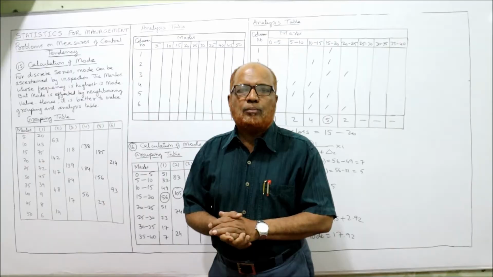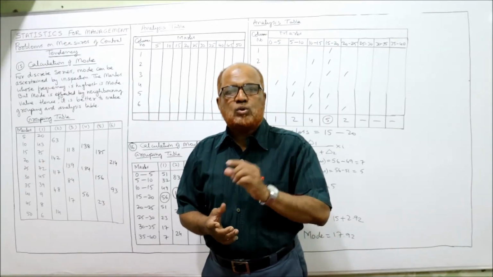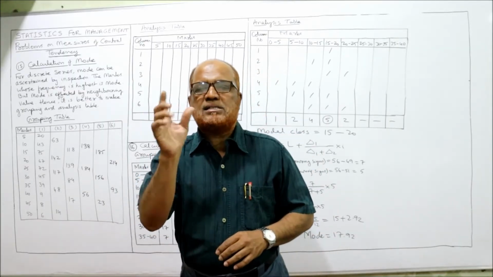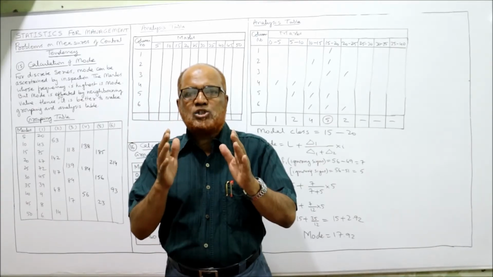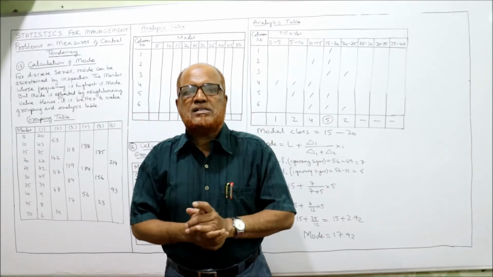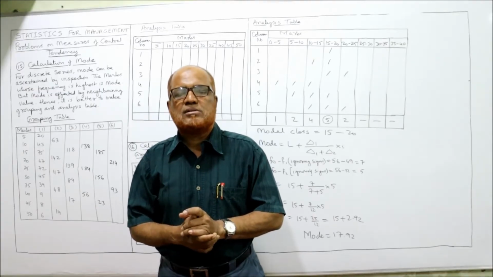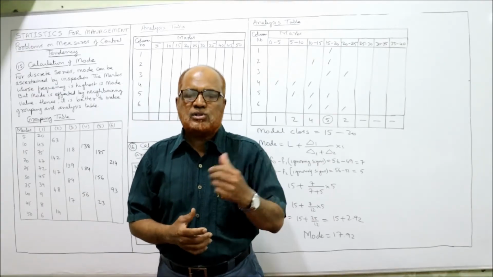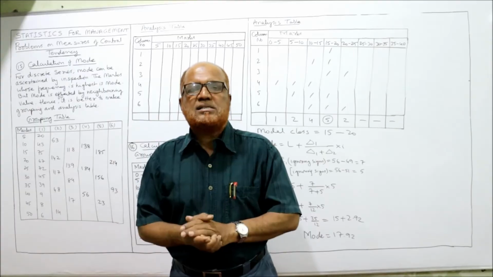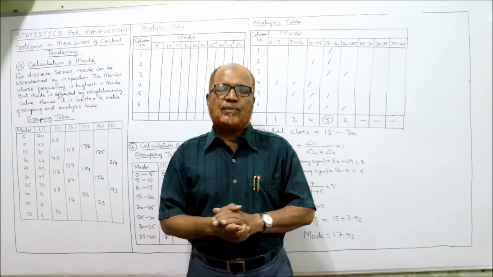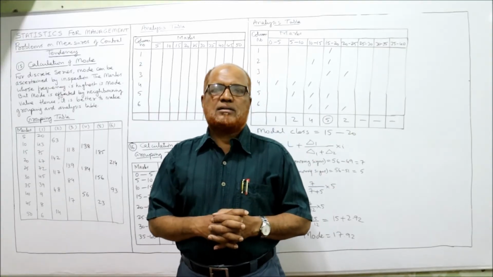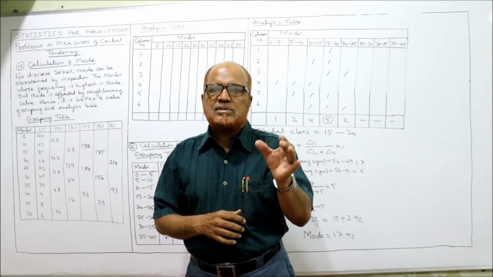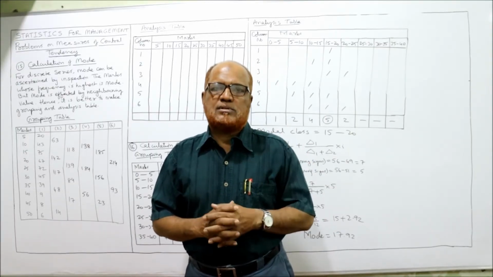So how to find out the mode? In case of an individual series, only by inspection we can find it. No formula, nothing. Only by inspection we can find out which value is occurring more number of times. That's it, in an individual series. But in discrete series and continuous series, we can find the mode by inspection, but mode is sometimes affected by neighboring items.